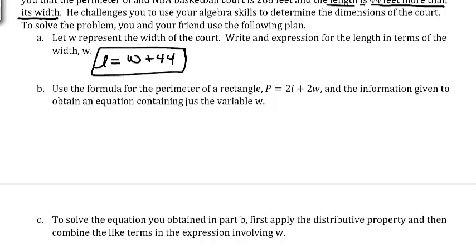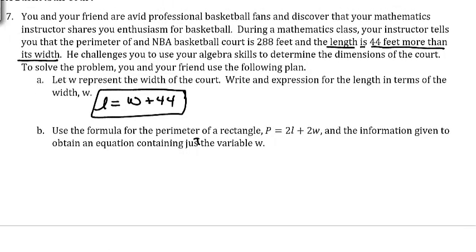Then we're going to use the formula for the perimeter of a rectangle, which is P equals 2 times the length plus 2 times the width, and the information given to obtain an equation containing just the variable W. We're told the perimeter is 288 feet, so we can replace this P with 288.